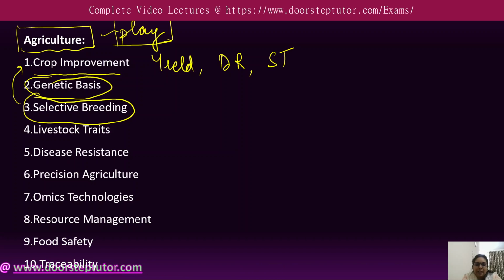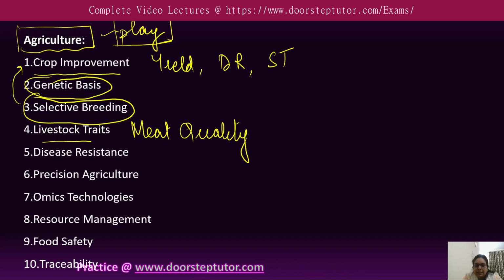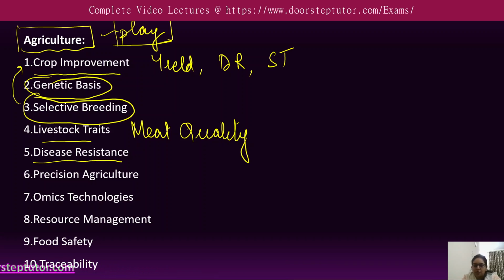Next is livestock breeding, because genomics assists in breeding programs to enhance desirable traits in livestock, such as meat quality, milk production, disease resistance, and reproductive efficiency.